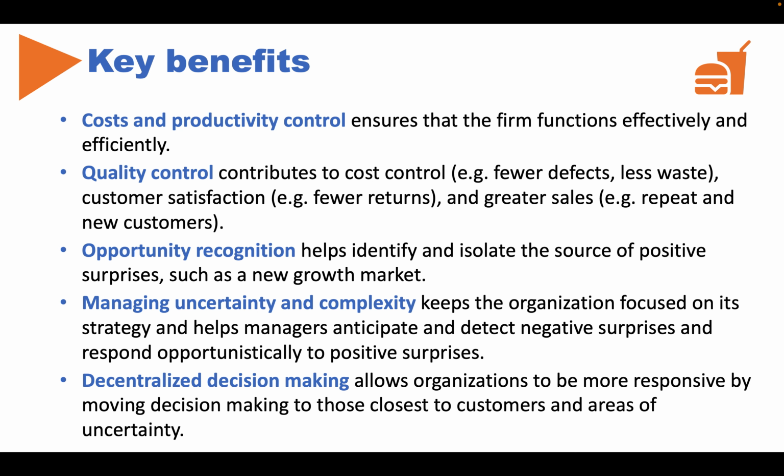The third area is opportunity recognition. For instance, when Nestle, which is the world's largest food and beverage company, purchased the much smaller Carnation Company to get to its ice cream business. Nestle wanted the Carnation Company for the ice cream business. What they found was, through the financial controls that they went through in the acquisition, they found that the pet food business was even more profitable than the ice cream business.